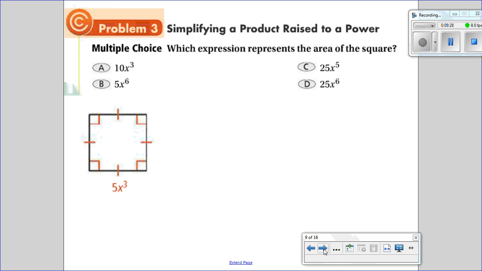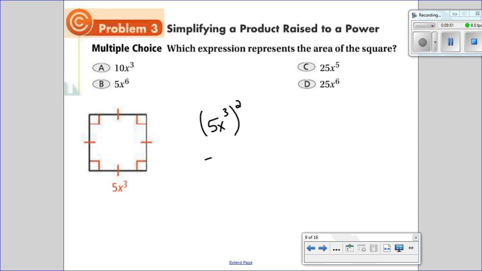Okay. So which expression would represent the area of the square? So how do you find the area of a square? You take the side times the side, or the side squared, right? So basically what we're saying is we are taking 5 times x to the third, squared. We're taking this length and squaring it.